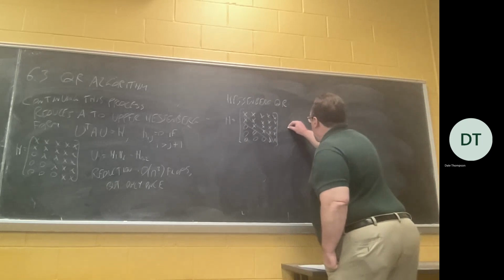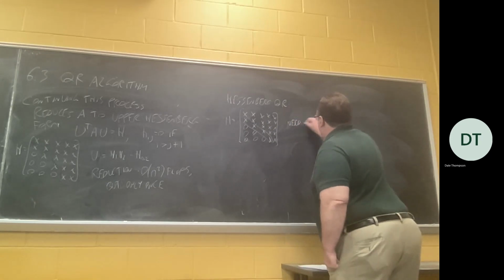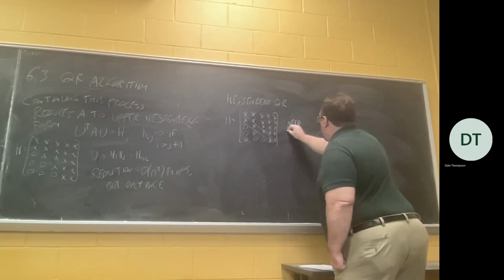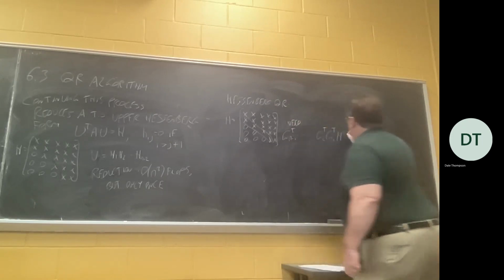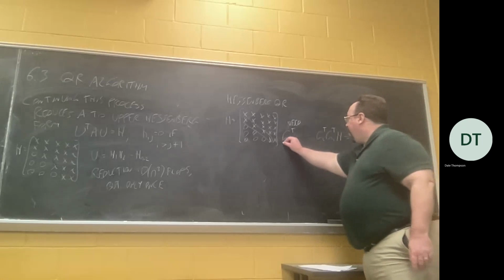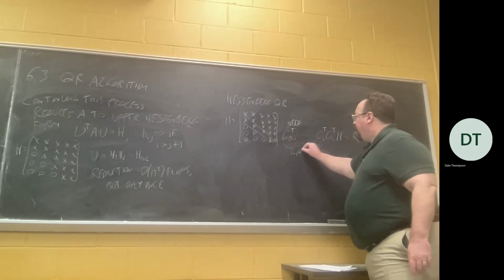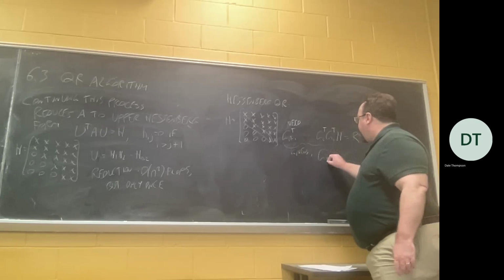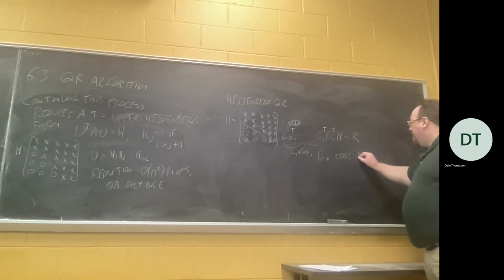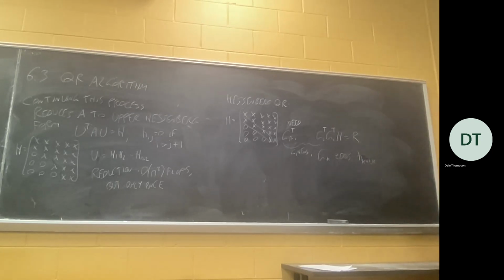So all we need is Givens rotations, G1 transpose, G2 transpose, up to G_{n-1} transpose, to reduce H to upper triangular form, where all these are Givens rotations, and G_k's job is to zero H row k plus 1 column k.